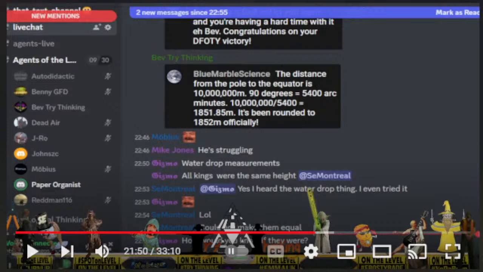Sorry, I was trying to work that one out for a second. Try again, Alan. The radius is 10 million meters, from the pole to the equator. Yeah, that's the spherical radius, along the surface.